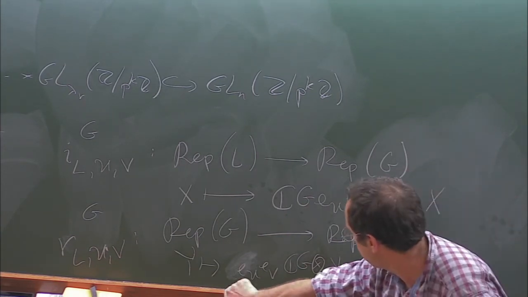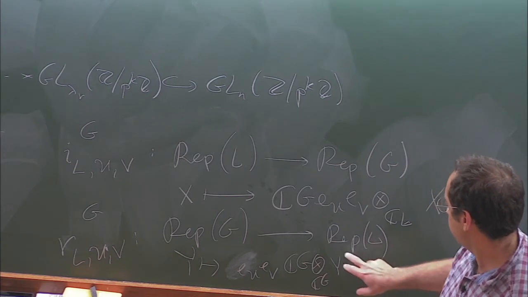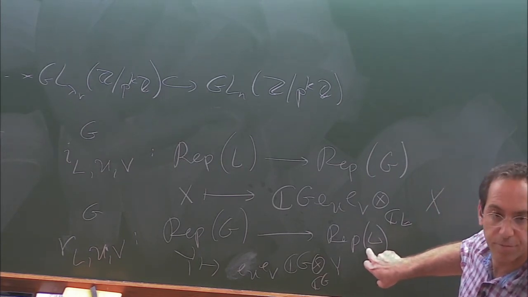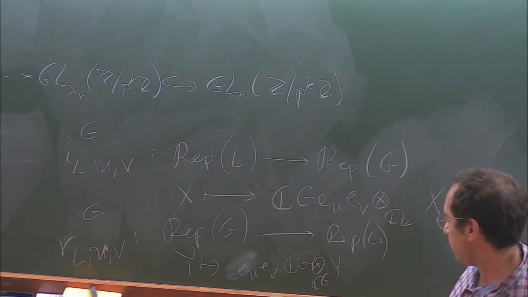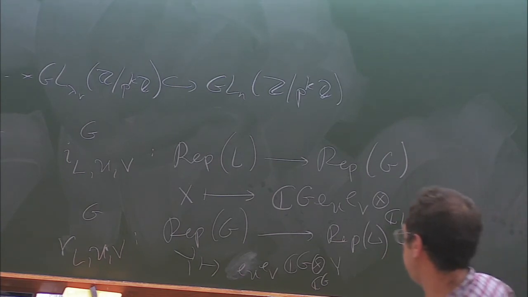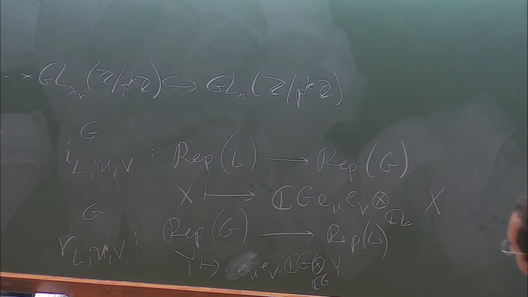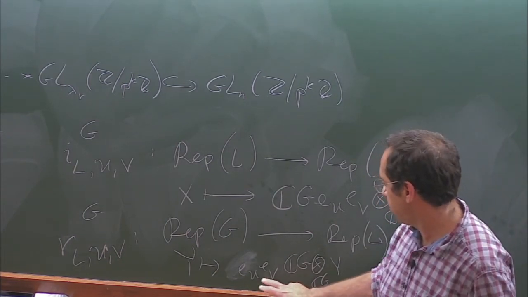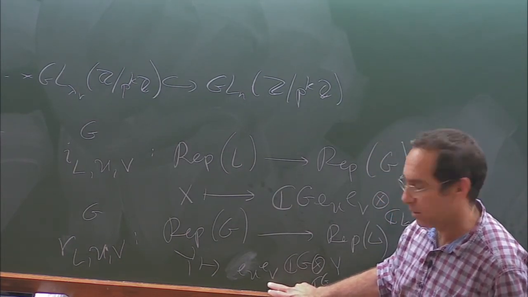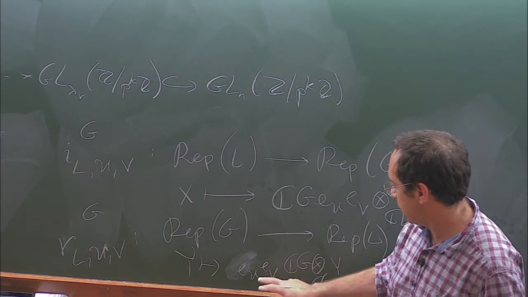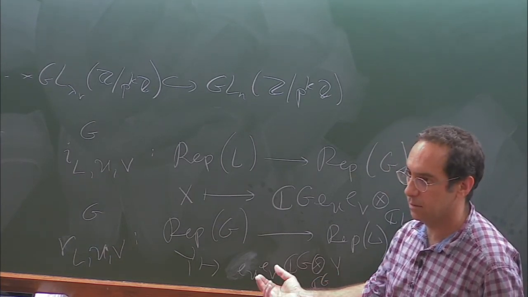So now this is a left L module, and so we got a representation of L. Now it's important to know that these idempotents, they do not commute, and so this product is not a new idempotent, it's something else.